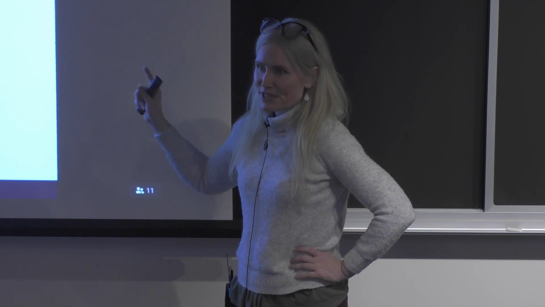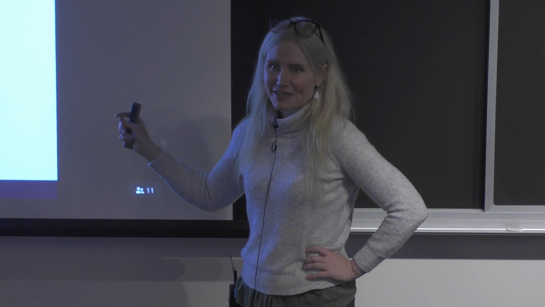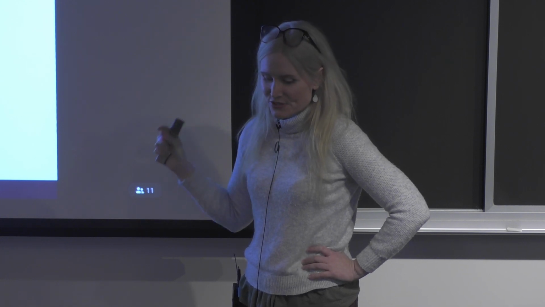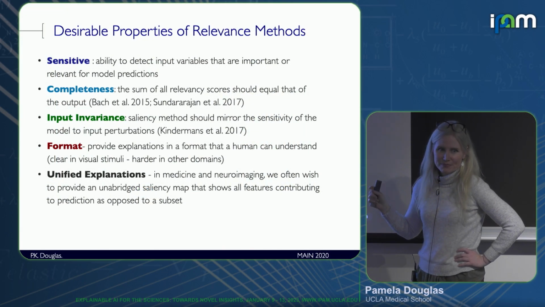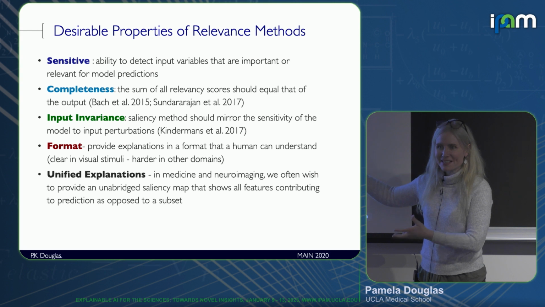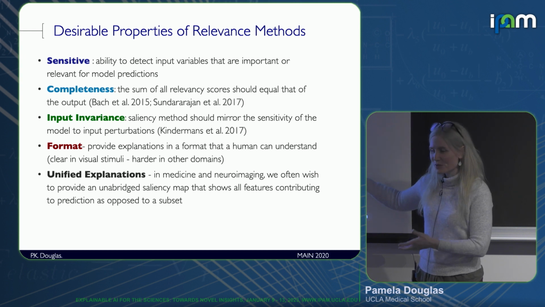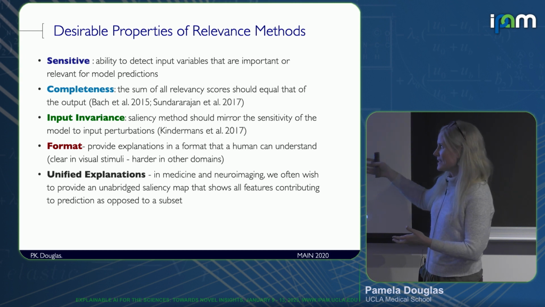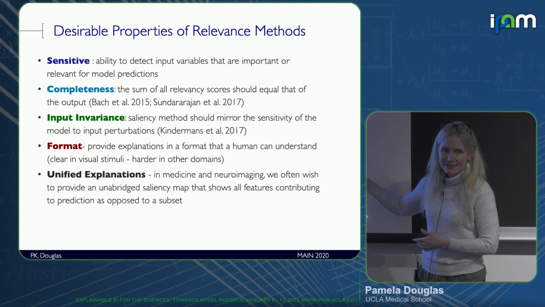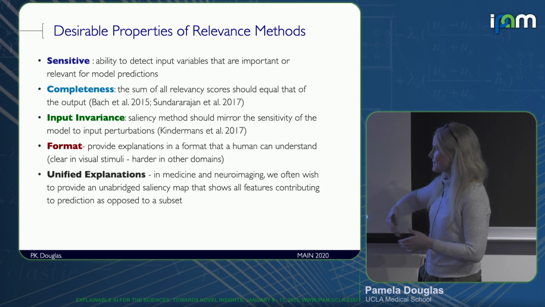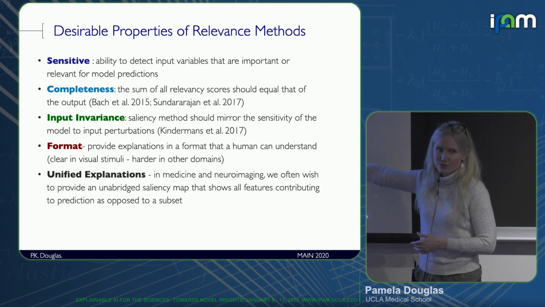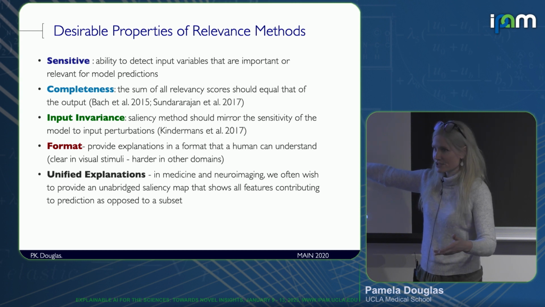And then this last one, which I think is not necessarily common but in certain neuroimaging applications is actually crucial, is to have at least one explainable AI technique that could be used if the goal is to provide a unified set of features or concepts, or an unabridged saliency map that shows all of the features contributing to a specific decision.